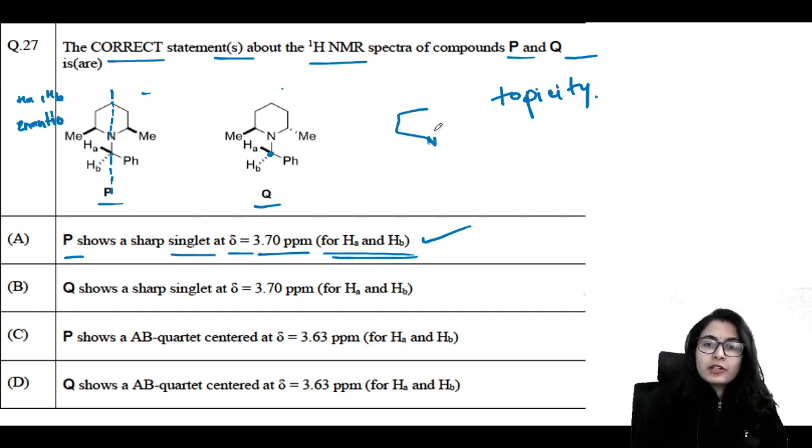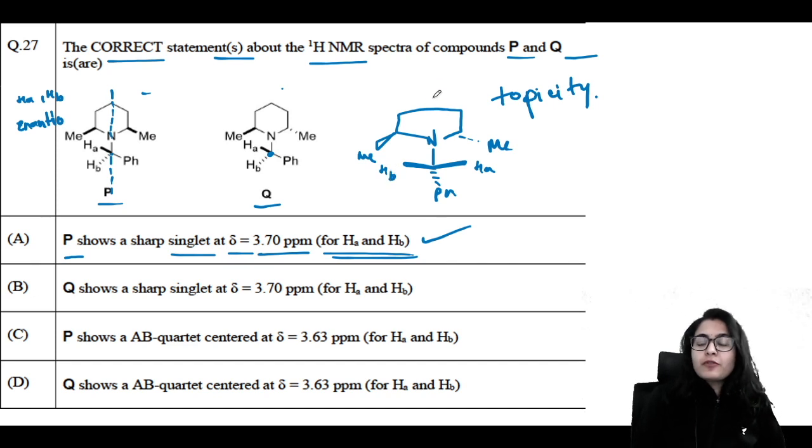You can write the molecule in this way as well to check: one methyl below, one methyl above. You have this pH below now because I will be writing the HA and HB in this way. This is also correct. You don't have a sigma plane in this molecule. These two are diastereotopic protons, and when they are diastereotopic, that means they are different.